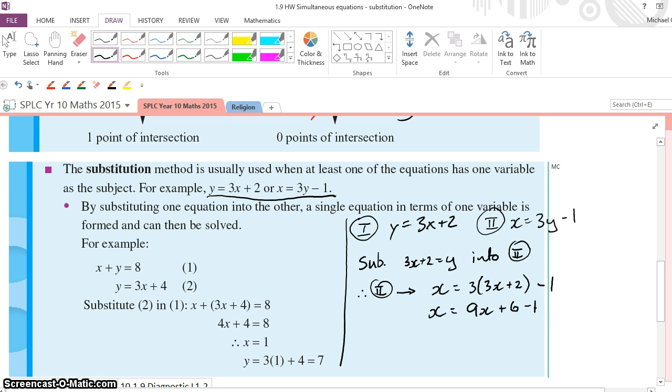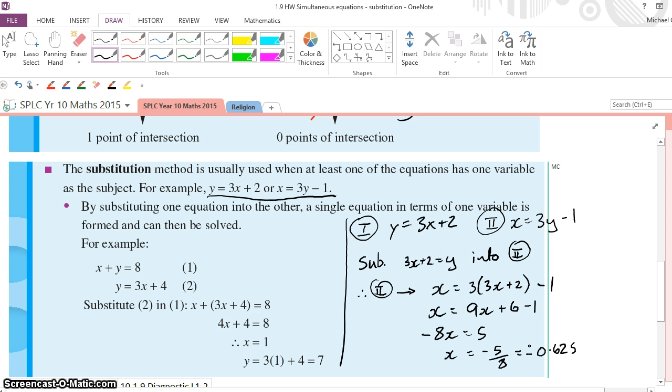I'm going to get all my x's on one side, everything else on the other. That just involves subtracting 9x. So I'll have negative 8x equals, and I've got 6 minus 1 is 5. Dividing through by 8, and I get negative 5/8, which matches up perfectly with the negative 0.625 that we had when we did it on Desmos.